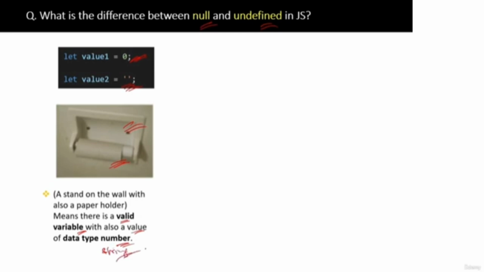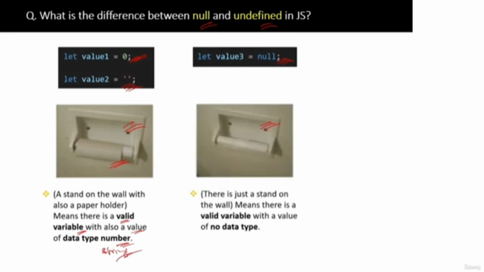But if the variable is assigned a null, that means there is just a stand on the wall with no holder.